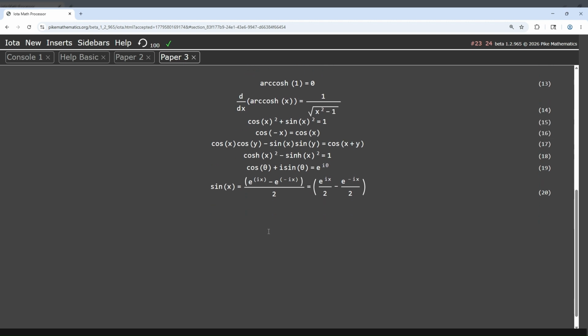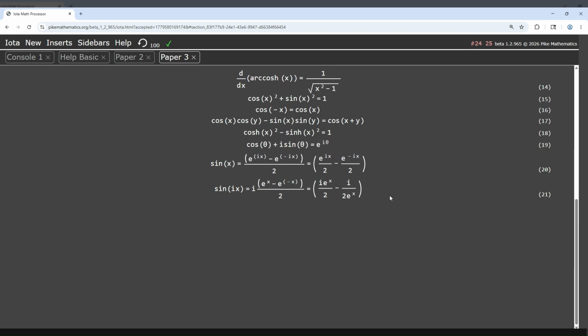If you put an imaginary number into the function, so if you put ix into it, this is what you get. You get I times e to the x minus e to the minus x, and then all that divided by 2.